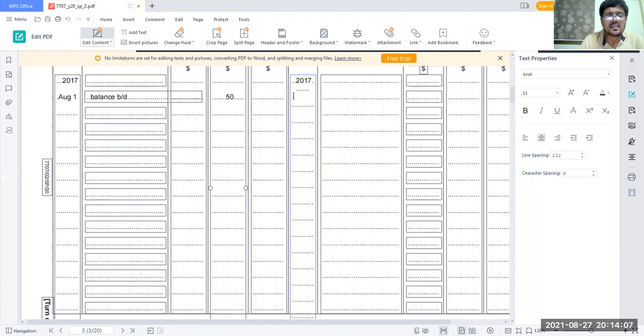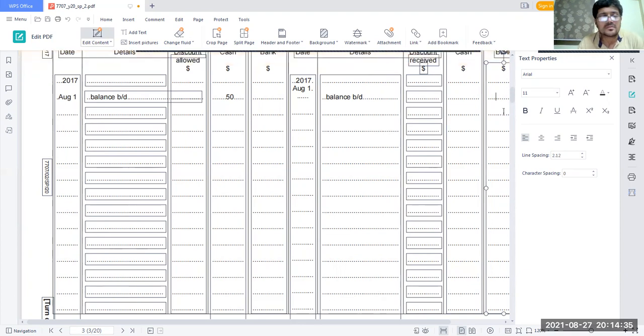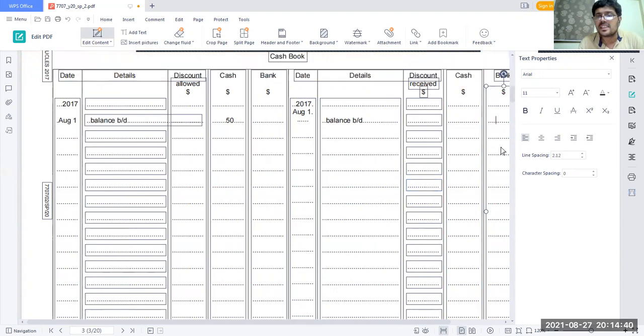And August 1, balance brought down for bank is overdraft. It means it should be on the credit side.